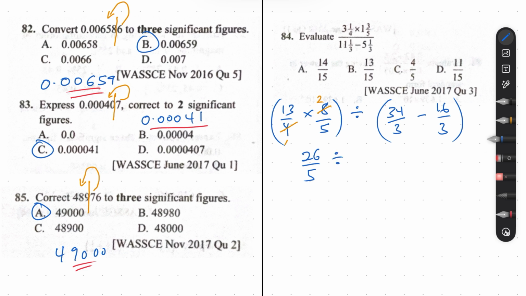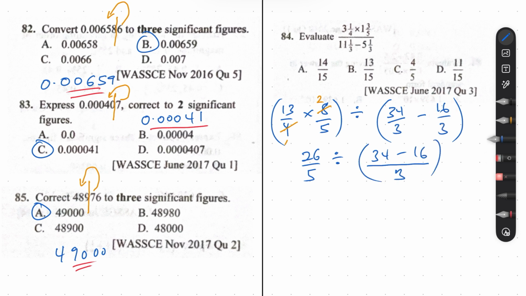Okay, now the other side you can find the LCM to be 3. Then we'll have 3 goes into 3 once. This 1 times 34 will give us 34. Okay, 34 minus 3 goes into 3 once. This 1 multiplies 16, we have 16. Okay, 16.